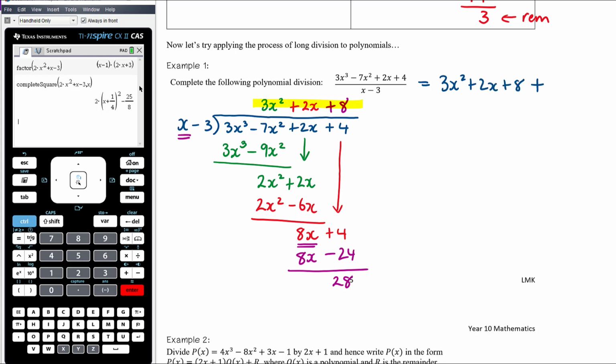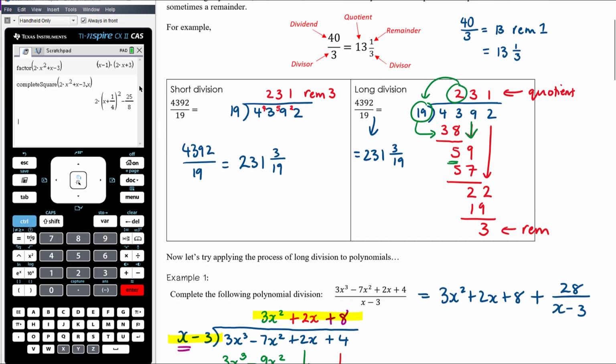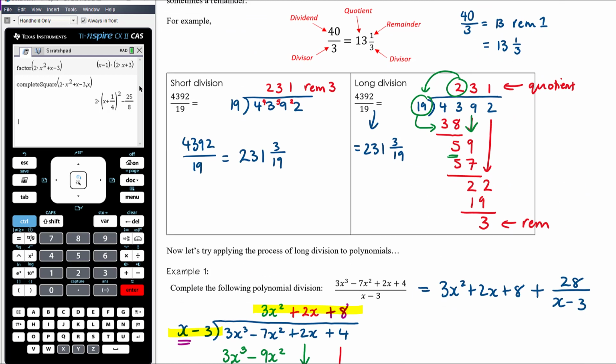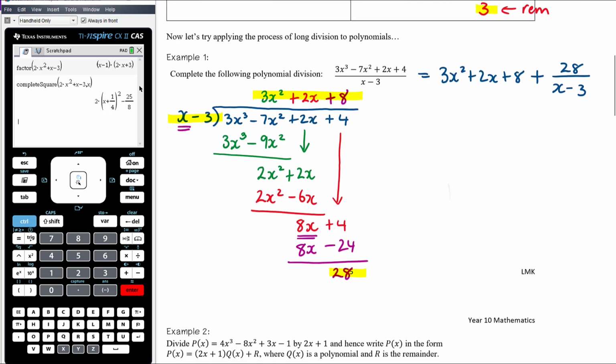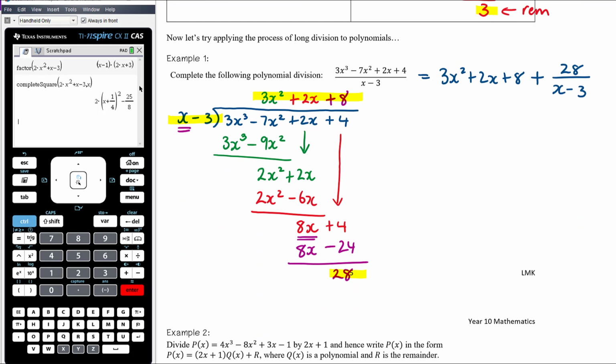And then we have our remainder, divided by our divisor. So plus 28 divided by x minus 3. And that's exactly the same as what happened up here with the numbers. Our answer was 231 plus 3 over 19. 231 and 3/19. So quotient plus remainder over divisor.